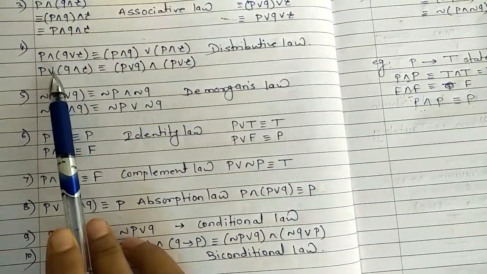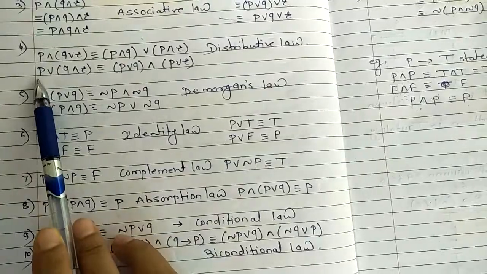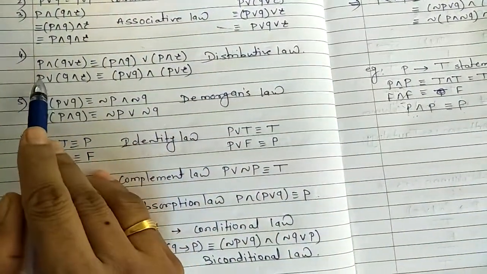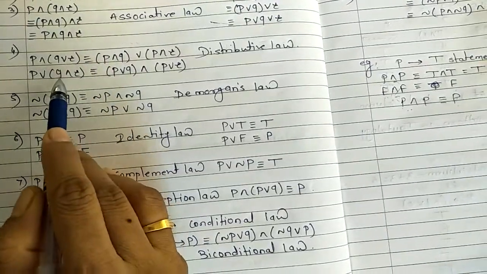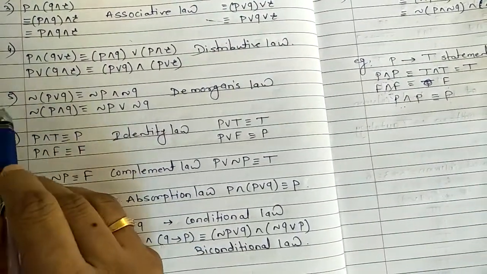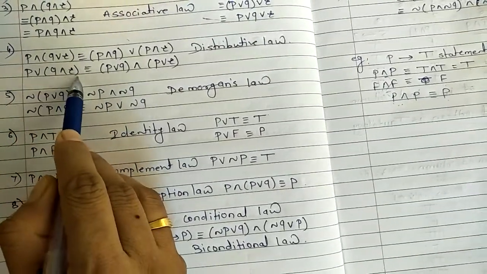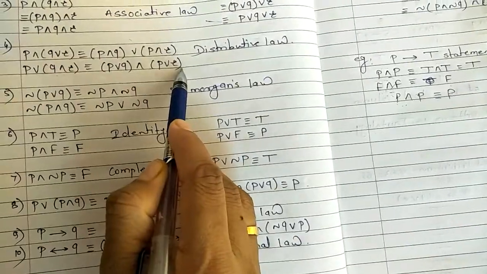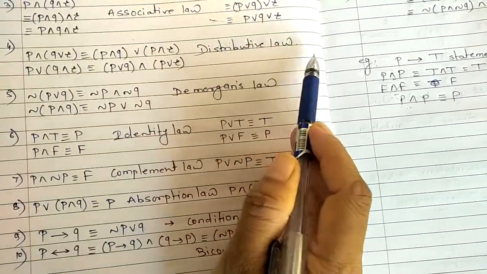Similarly, P or (Q and R): we apply P or to both terms in the bracket. So (P or Q) and (P or R). It is called the distributive law.